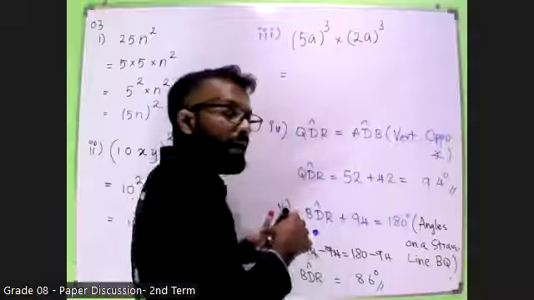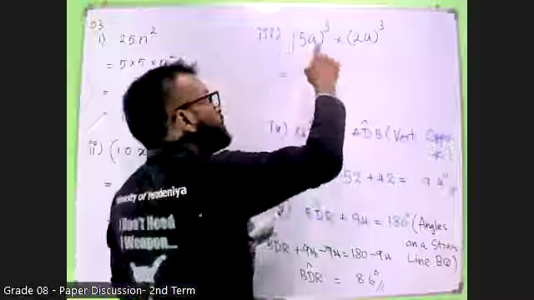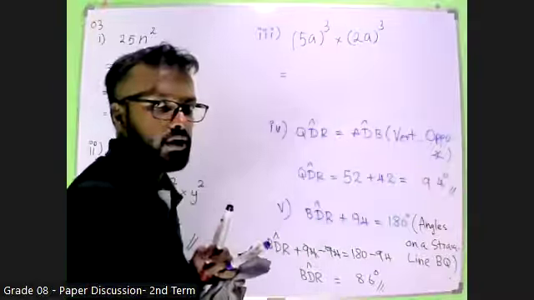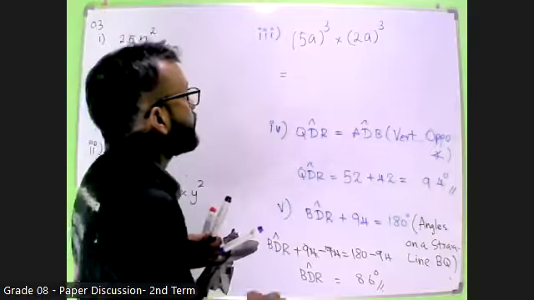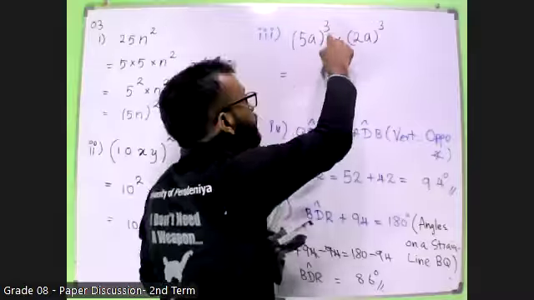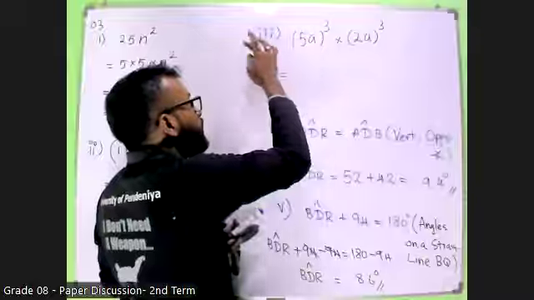This power 3 belongs to 5 and belongs to a. That is the meaning of this bracket. So this is a product of powers.